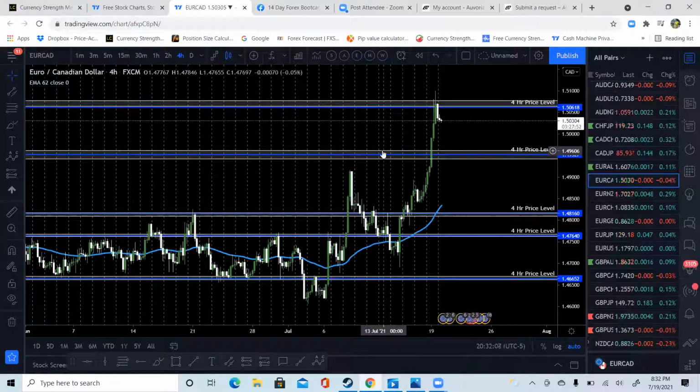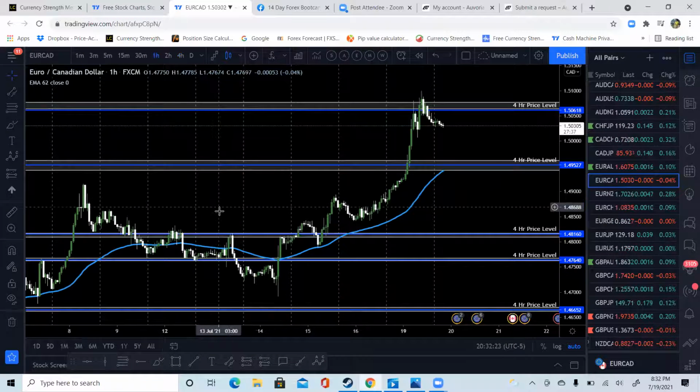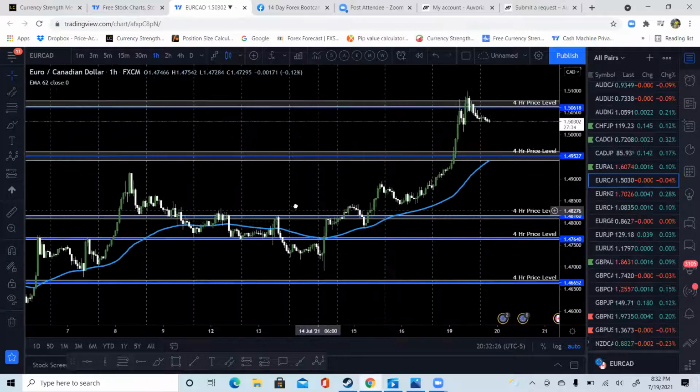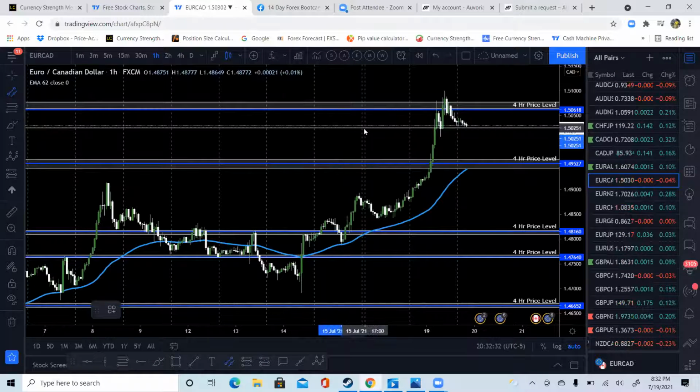Now I have an analysis on the 4-hour. If I'm really trying to carve up a pair and really dissect it and know exactly what I want, I would do this on multiple time frames. So now you have it on the hour. Right now it's not too many levels, but for the hour versus the 4-hour, you have a couple.